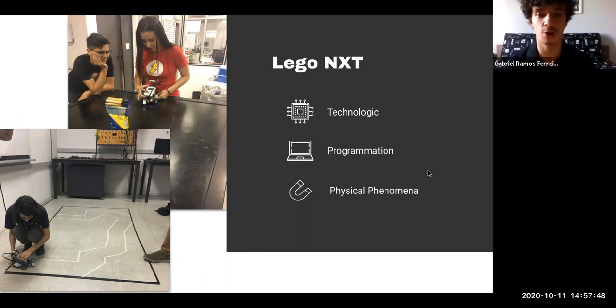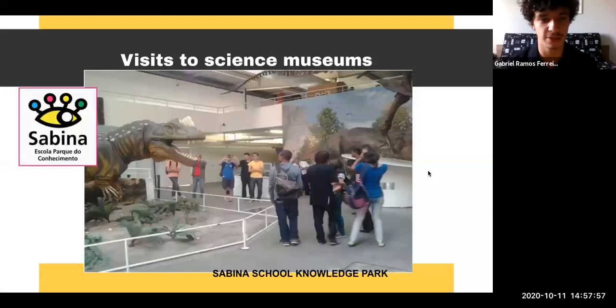We stimulate their computational thinking, and they can see with their own eyes the result of their code. Through the course, we take the students to many different visits, so they can have another perspective of science, not just inside the class, but around the city. It's a really unique moment for them.